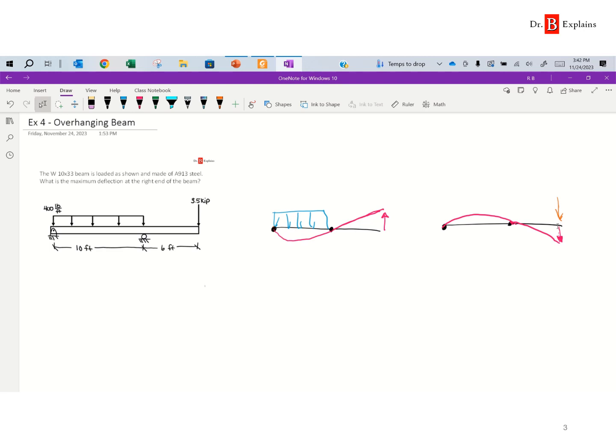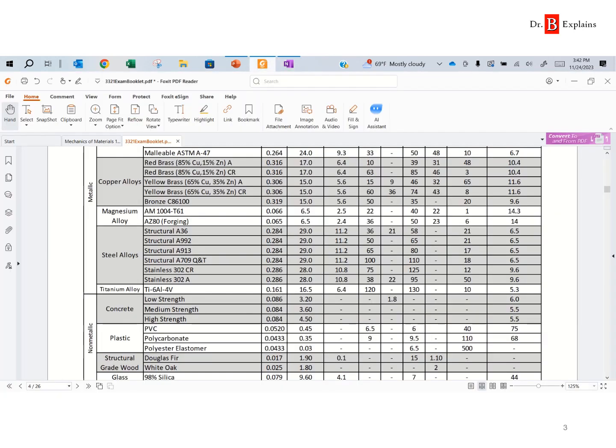Before we start crunching numbers, we're going to need two properties of the beam. One of them is the elastic modulus, which depends on what material the beam is made of. In this case, it's A913. So we go to the equation booklet and look at the properties of steel.